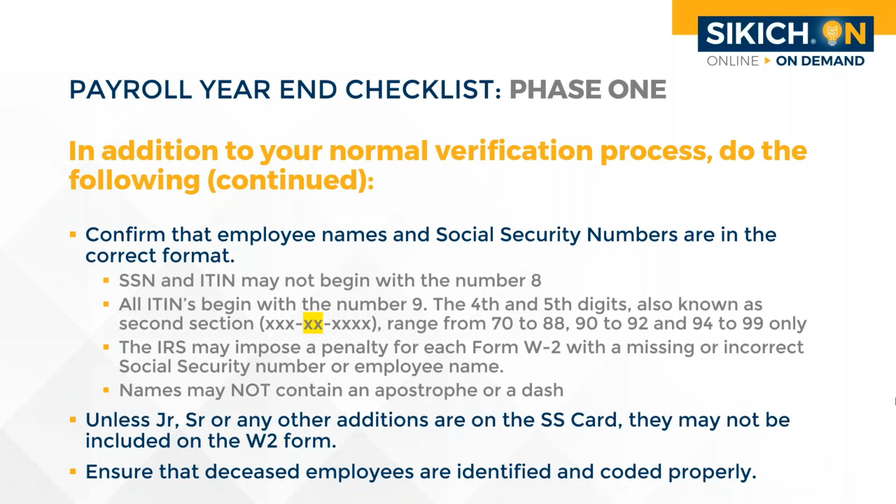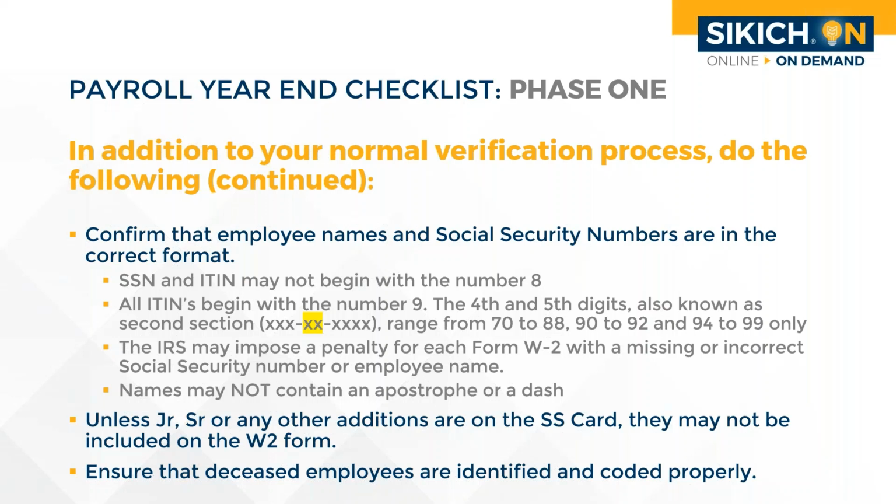So it's important to know that a Social Security number or an ITIN, the identification number, will never, ever begin with the number 8. The IRS has saved that number 8 for when the population grows so much that they need to start utilizing those, and they have not done so yet. All of the ITINs begin with the number 9.